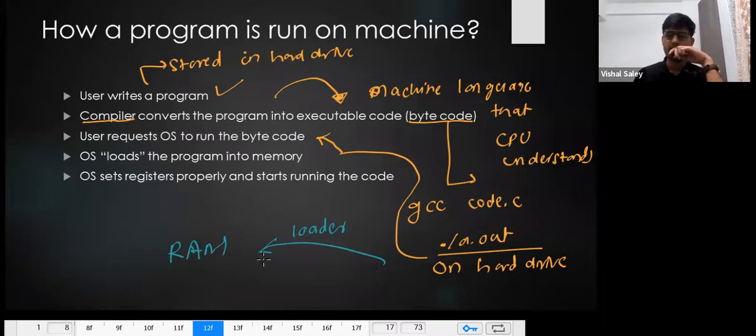Then the operating system will set the registers properly. For example, it will set the program counter based on where the code is loaded in the RAM, and then it will start running the code. Is this high level picture clear?